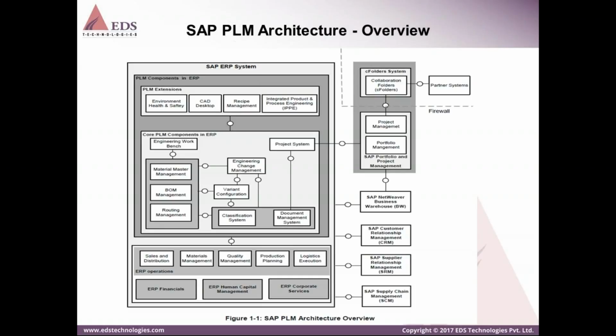There is nothing that you need to additionally install except the CAD integration package, which you need to buy additionally because we bring in this integration for third-party CAD applications, right from mechanical and electronic CAD applications. Otherwise, document management, classification system, variant configurations, routing, material master, BOM management, engineering change management, project system management, all these things are already available within your ERP system.